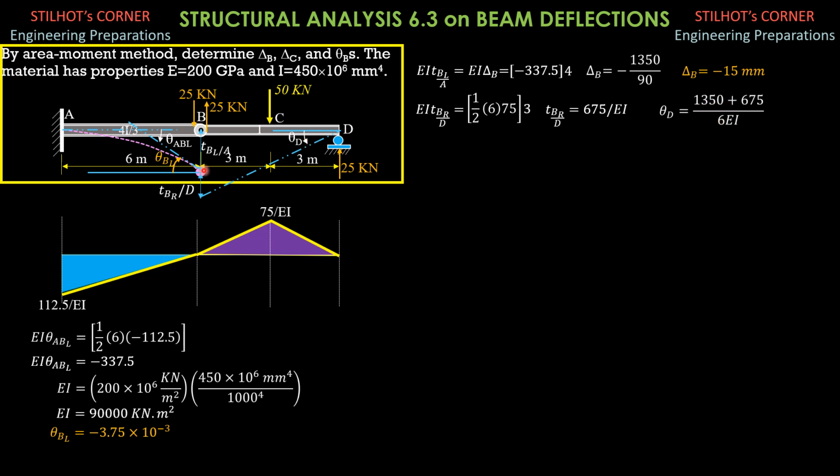So the deviation of B left relative to A, 1,350, or delta B, plus 675, which is the deviation of B right relative to D, all over 6, all over EI. So theta D is equal to 337.5 over EI. That is theta D.